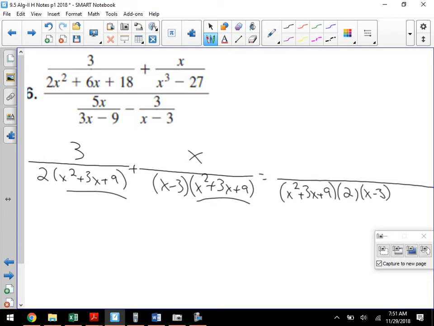Okay? Now you start going back and forth to what fraction has what. The fraction on the left has the 2 and the trinomial. It needs the x minus 3. The fraction on the right has the x minus 3 as well as the trinomial, so it needs the 2.